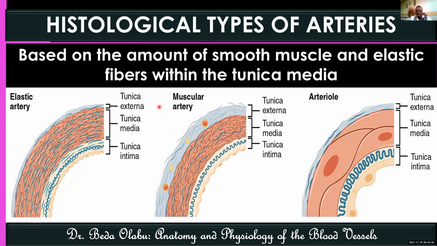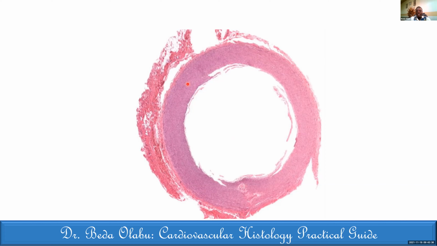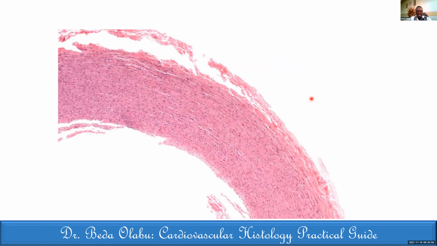So this image shows us a histological slide of a blood vessel. We want to determine which histological type of blood vessel this is. So we see a thick tunica media. That is tunica adventitia. It is lacking or almost lacking on that side. At a higher magnification, that is still the tunica adventitia.